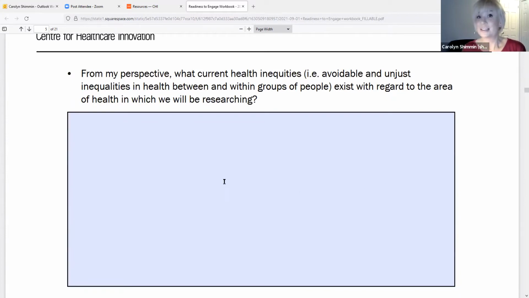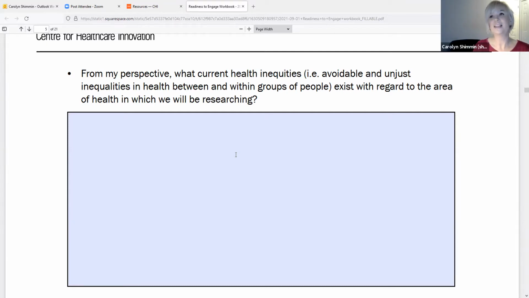From my perspective, what current health inequities exist? So when we say health inequities, we mean avoidable and unjust inequalities in health between and within groups of people with regard to the area of health in which we will be researching. Sometimes we don't think about this, so we don't think about who has different access to the healthcare service or the program that we're looking at in our health research project, who experiences things differently.